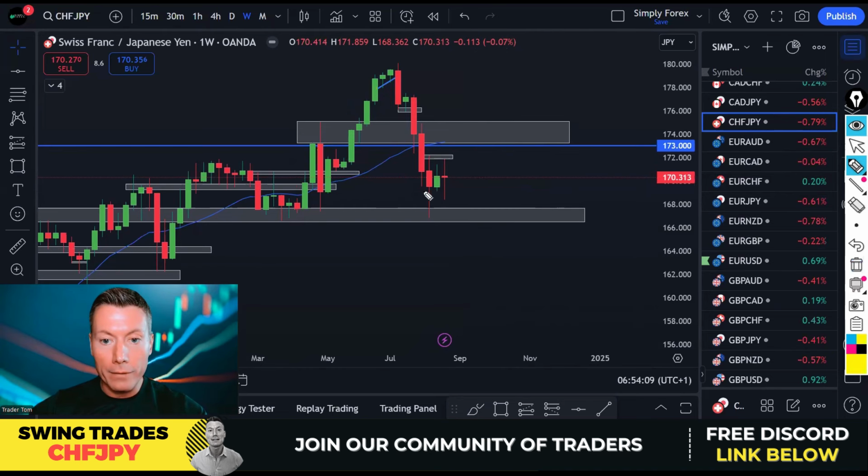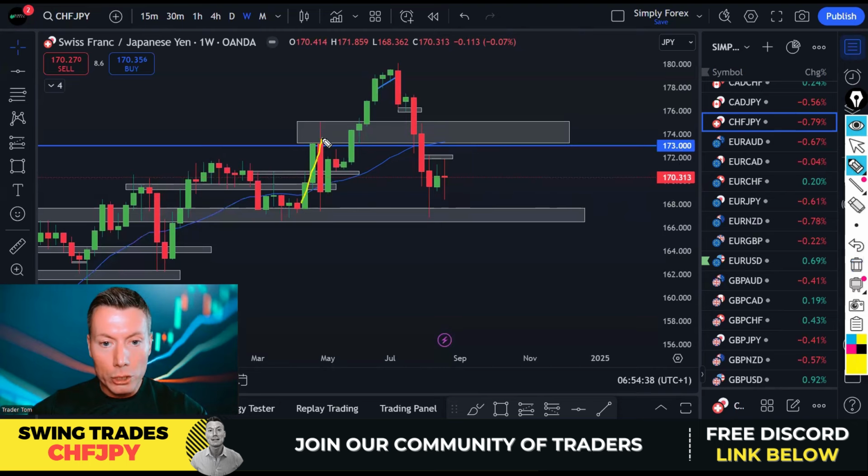In fact, we've had a very nice bullish reaction. And then last week, again, it rejected this level in here. There are buyers in here. And I think we can take price back up to this level here. So this next piece of potential resistance in here, we take it up to 173. So that's still 300 pips, or 269 to be exact. All right, so Swiss franc yen buys.